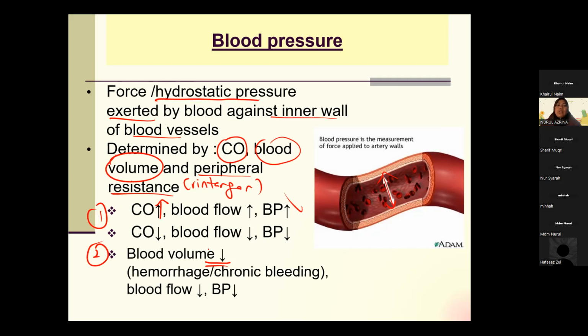So your blood volume can lose a lot. Lower blood volume will cause low blood flow. Bila darah tak banyak, maka darah yang mengalir dalam vessel pun akan kurang, and thus it will cause lower blood pressure.